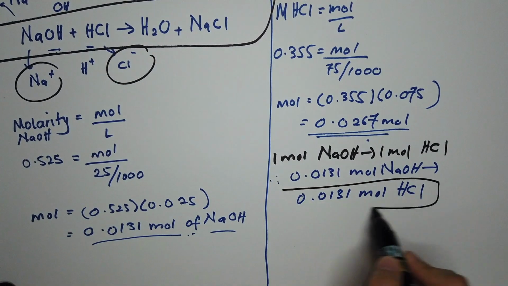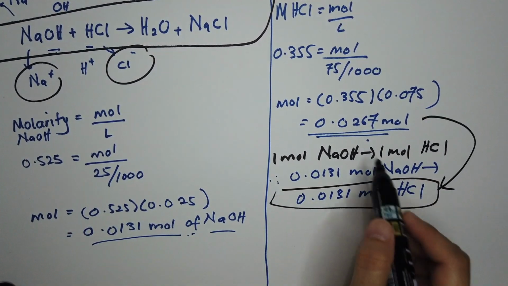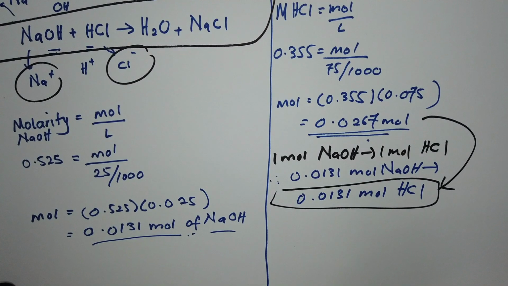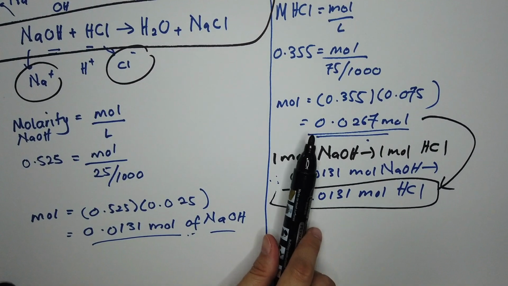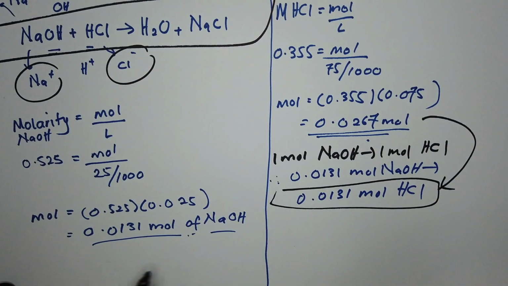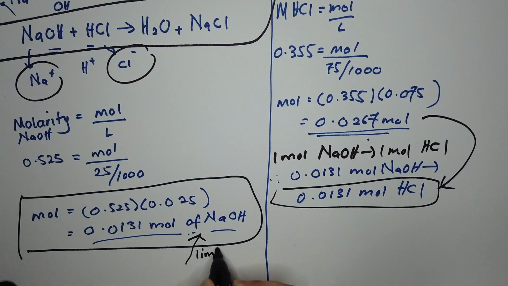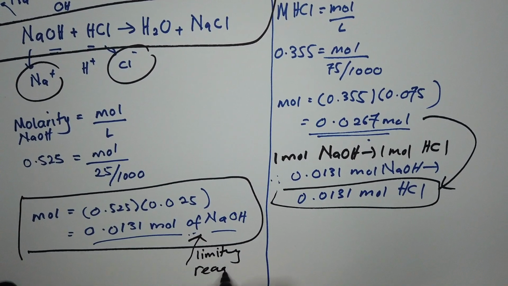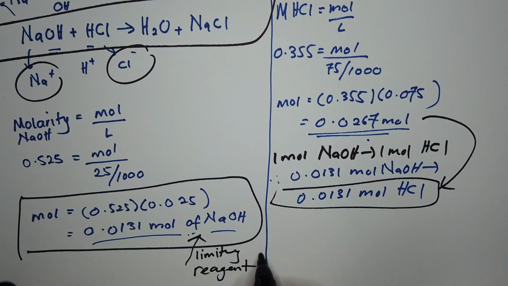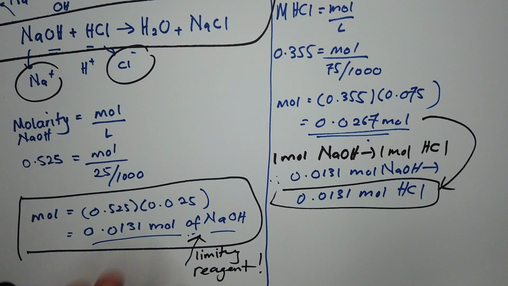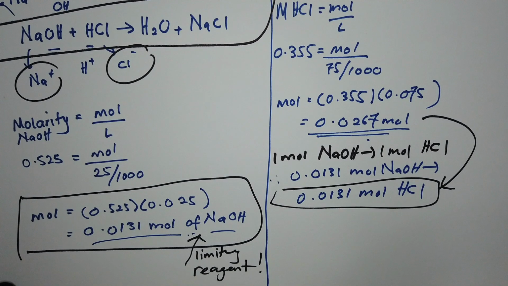If you compare this value to the other, you can see that you have more HCl than what you need to react with 0.0131 mole of sodium hydroxide. So we can say that NaOH is the limiting reagent, and how much product you get depends on the limiting reagent.